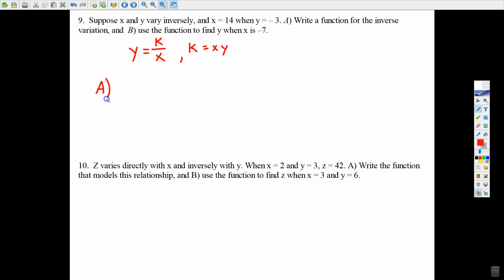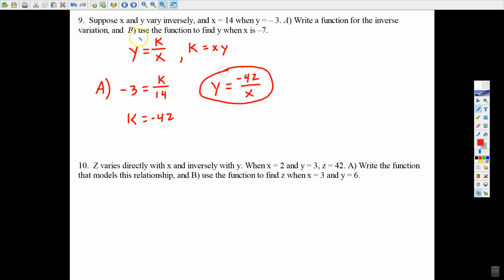So for letter A, write a function for the inverse variation. I'm going to use this model, this template, and I'm going to put negative 3 in for y, and I'm going to put 14 in for x, and I'm going to solve for k, multiplying these together. k is negative 42. So letter A, the function for this particular inverse variation is y equals negative 42 over x.